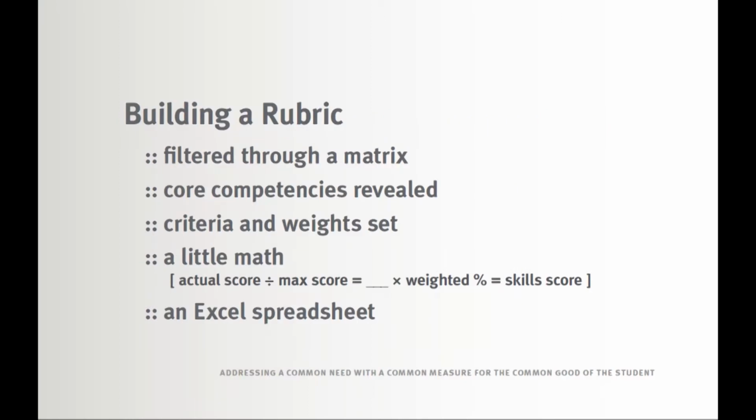So in building the rubric, and this goes back to the 6-year program review, we took the assessment data for 6 years and put it inside a matrix. And that matrix revealed to us the core competencies that were being assessed across the 3 areas. Again, art history, studio art, and graphic design. 5 core competencies, and they mostly aligned with the competencies of Longwood University.